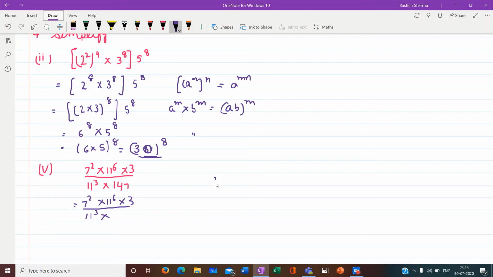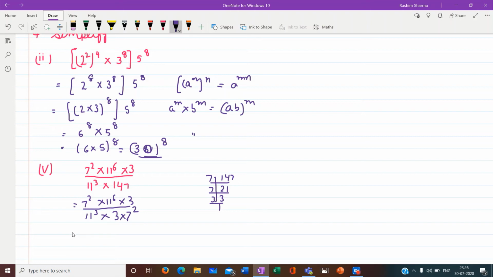So if you will find 147, it is divisible by 7, 7 2s are 14, 7 3s are 21. So these are the prime factors of it. So it means this can be written as 3 into, here you can see 7 is 2 times, so I can write it as 7 raised to power 2.